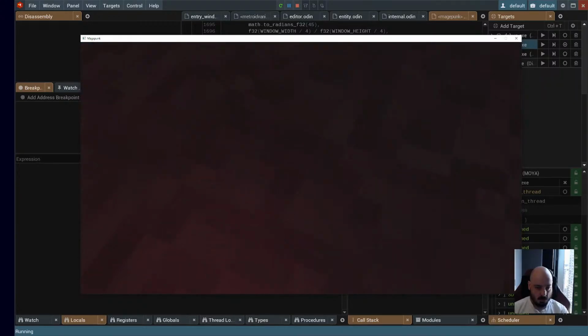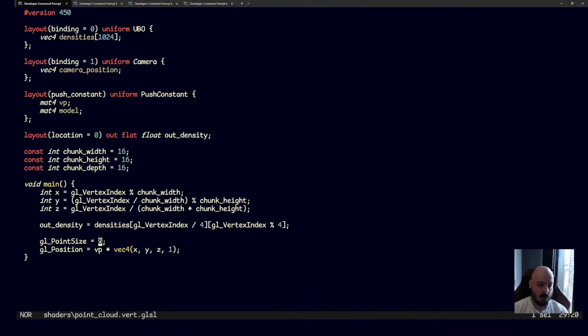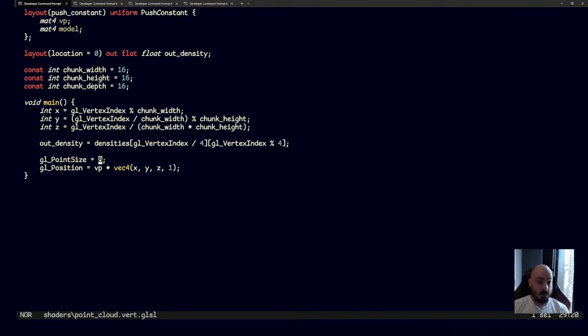I think it's just 8 pixels always, no matter what distance I am from it. Which means we could probably change the point size based on the distance from the camera to look like cubes or something, but I'm not going to do that right now.